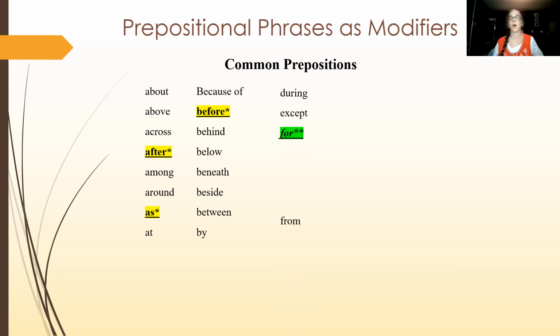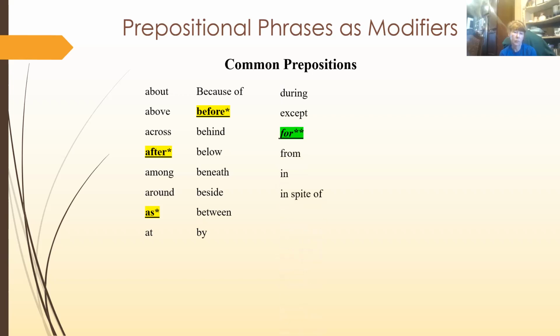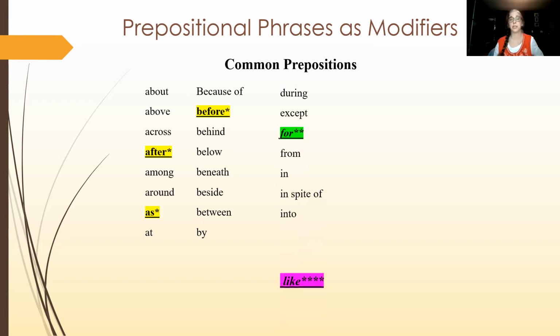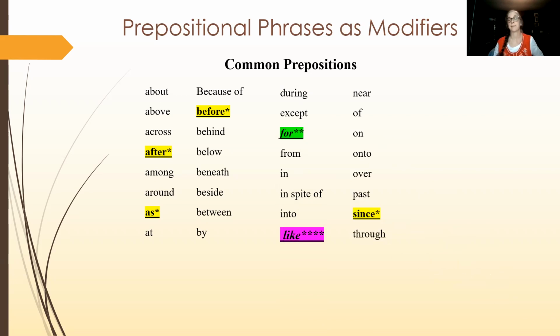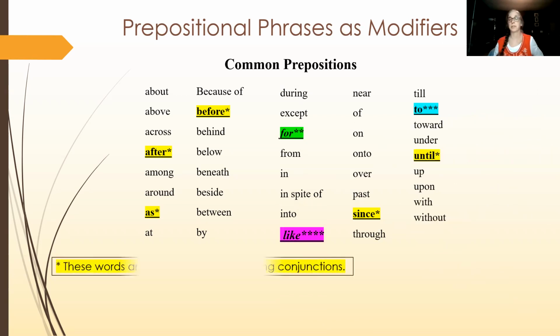Except, for, from, in spite of, there's a preposition with 3 words, into, like, near, of, on the bus or the train, onto, over, past, since, though, till, to, toward, under, until, up, upon, with, without.